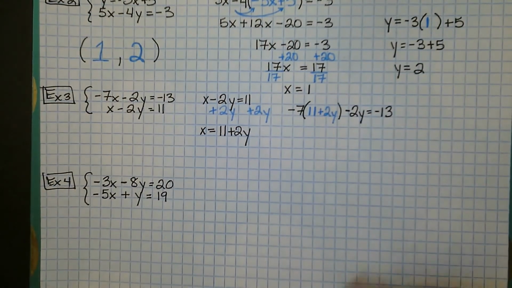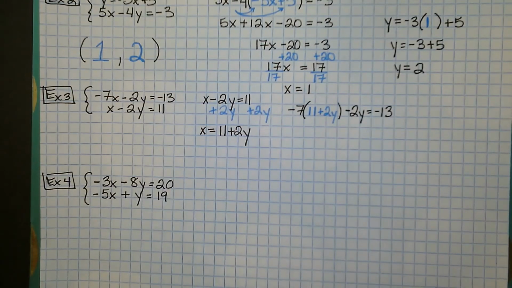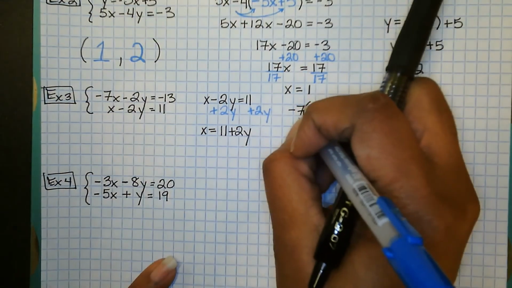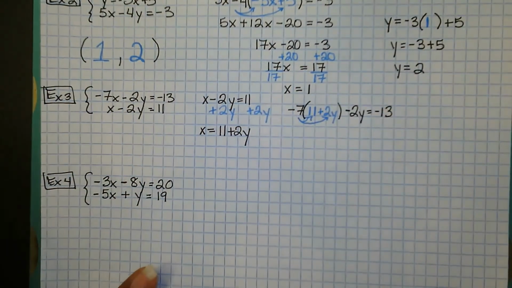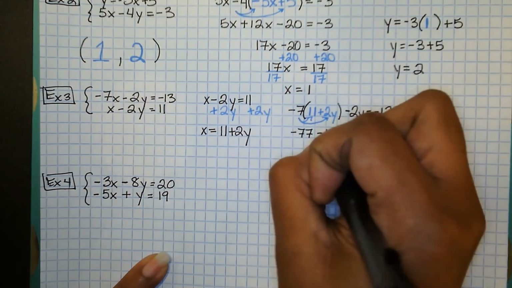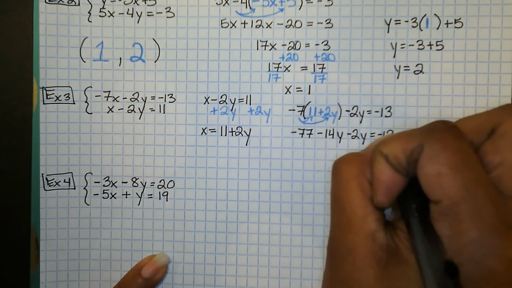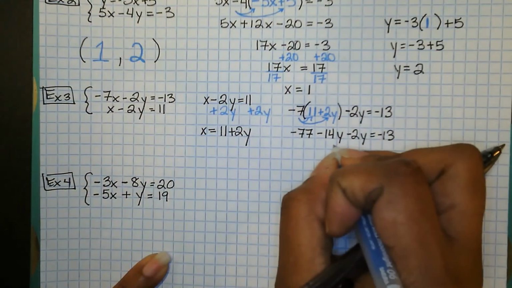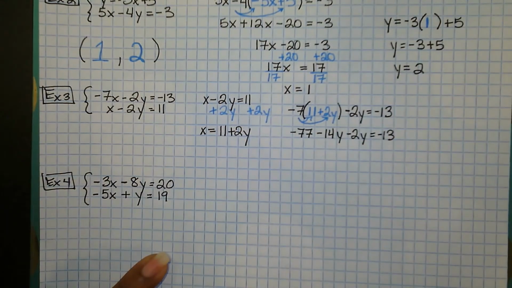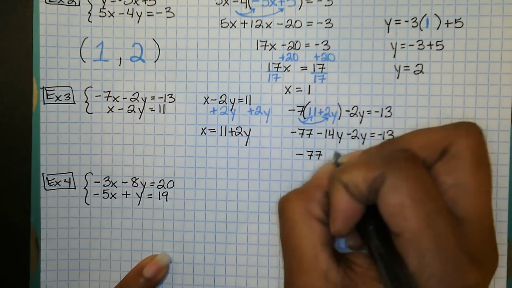All right, and at this point, we're supposed to only have one variable in the equation. And if you look, we do. All you see are y's. We don't have any x's, which is great. So that means we can go ahead and distribute and solve for y. Combine like terms.